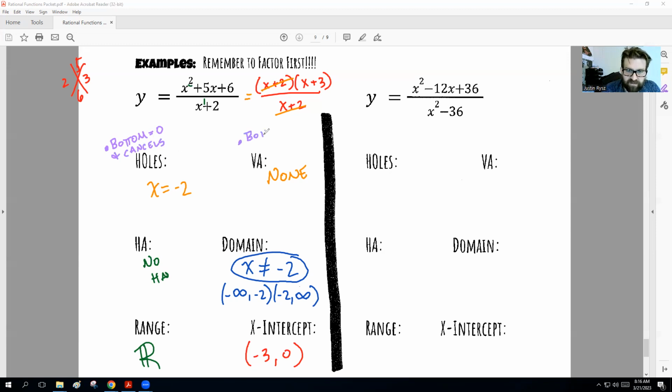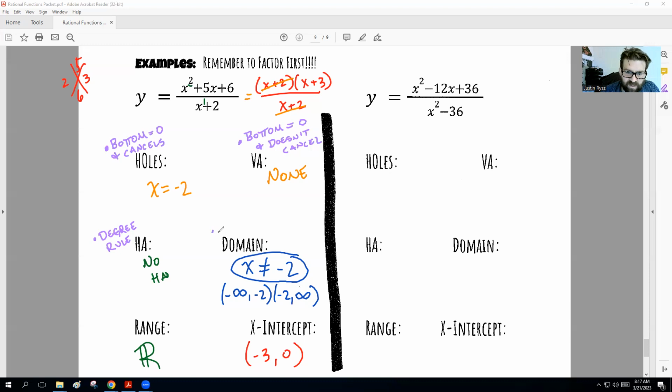Vertical is where our bottom equals 0 and does not cancel. All right, our horizontal asymptote. Let's call it the degree rules. We'll look at the degrees and figure out, is one bigger? Is one smaller? Are they the same?